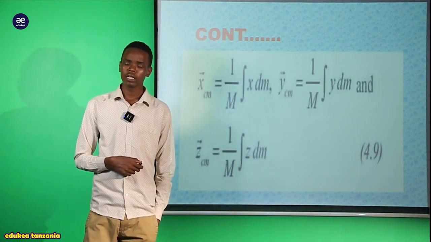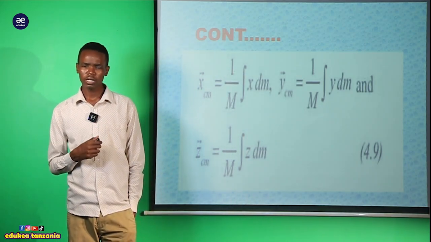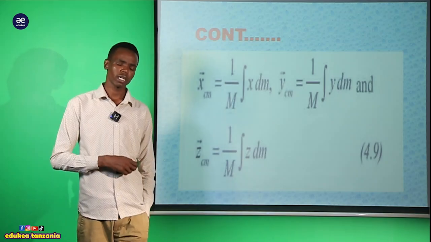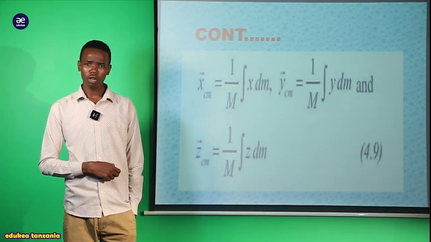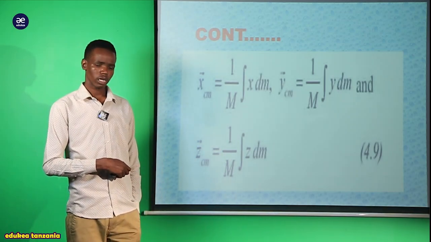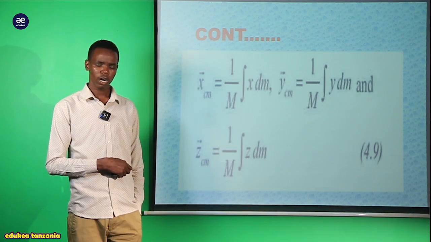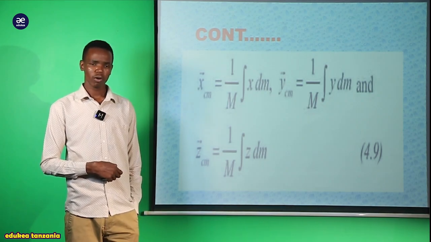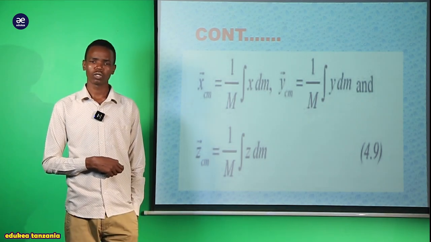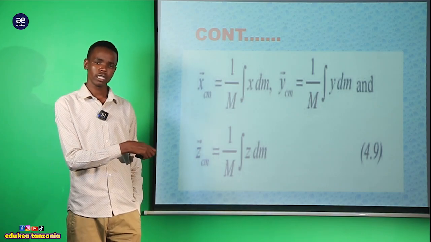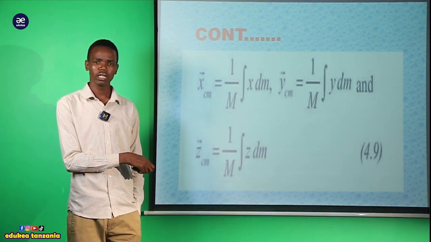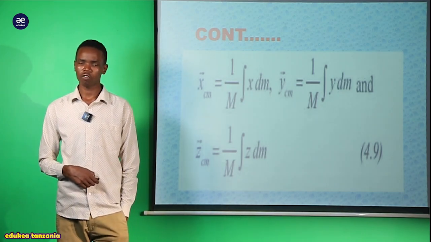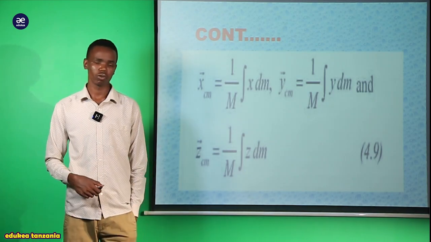Finally, for the z coordinate, we should obtain that the z center of mass, along the vector z, must equal 1 over m, then the integral of z times the derivative of mass, as we try to assume.